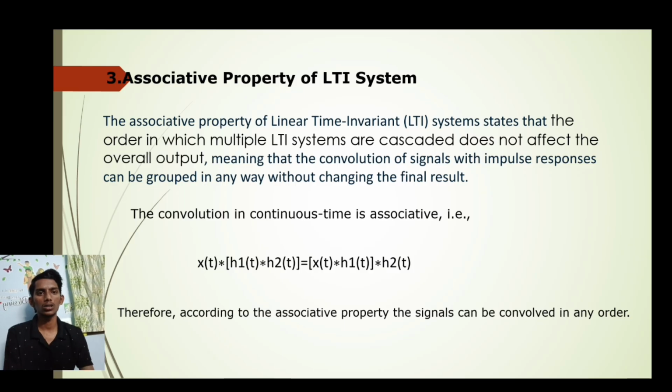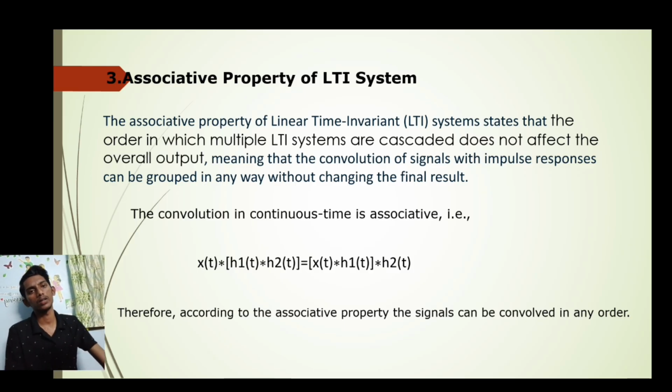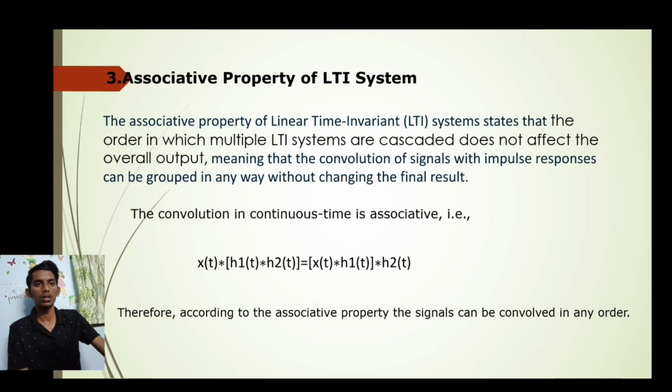Now, third one, associative property of linear time invariant system. The associative property states that the order in which multiple LTI systems are cascaded does not affect the overall output, meaning that the convolution of signals with impulse responses can be grouped in any way without changing the final result.